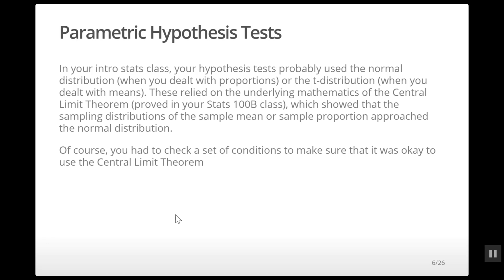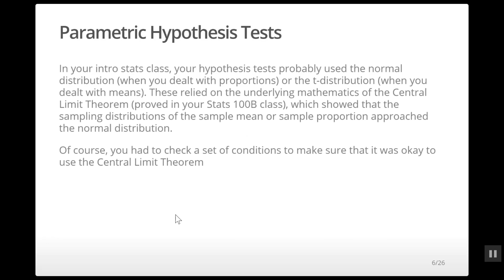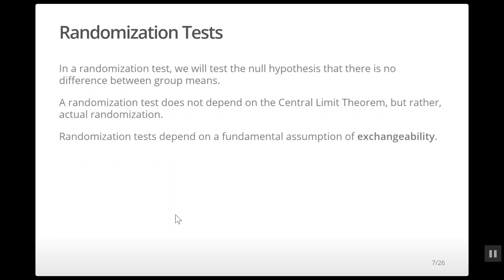If we're sampling too much of our population, then our observations are no longer independent of each other. So yes, we got the random and independent. Our samples have to be large. And if we're sampling without replacement, our population needs to be large compared to our sample. Okay, so those are your parametric hypothesis tests that depend on the central limit theorem.